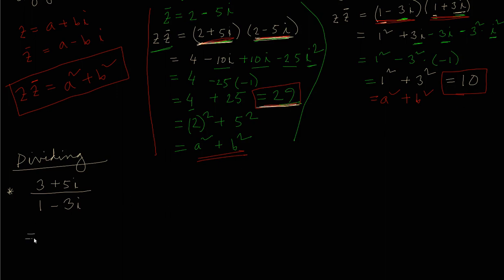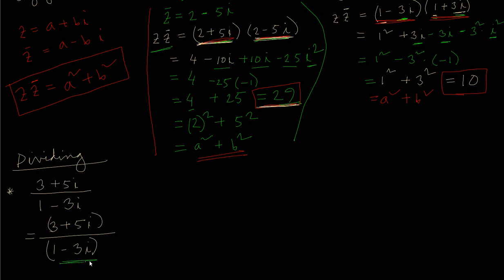I am going to keep my original two complex numbers, and here it is 1 minus 3i. My target is to make sure my denominator is a real number.